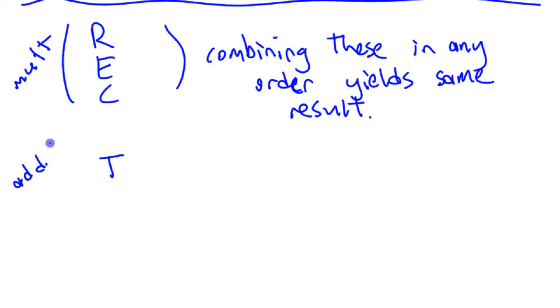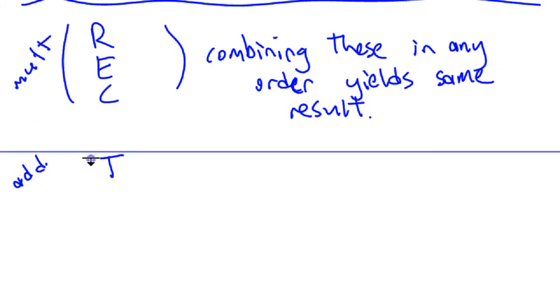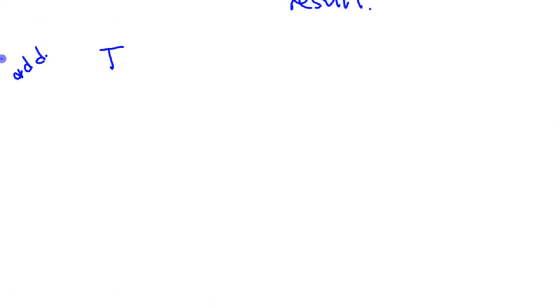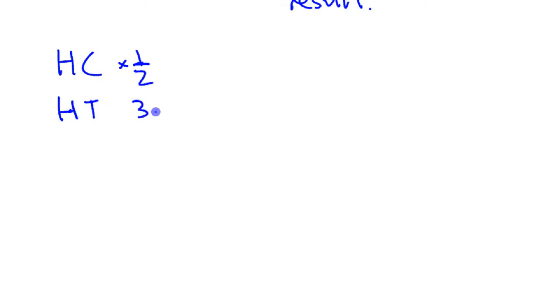Now, when we involve a translation, we're going to do things differently. First, we're going to look at the algebra, and then we'll go to the graph to see what we have. So let's consider doing a horizontal compression by a half, and let's combine that with a horizontal translation of 3 to the right.